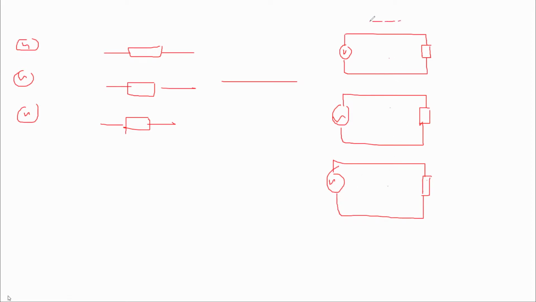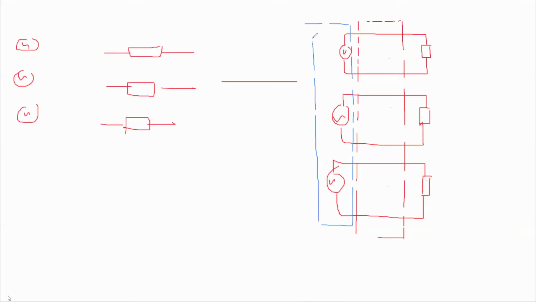If you look here, in between, this is one here. You just put it in a different color. And there is another one here. So these sources, and here the loads, three of them.